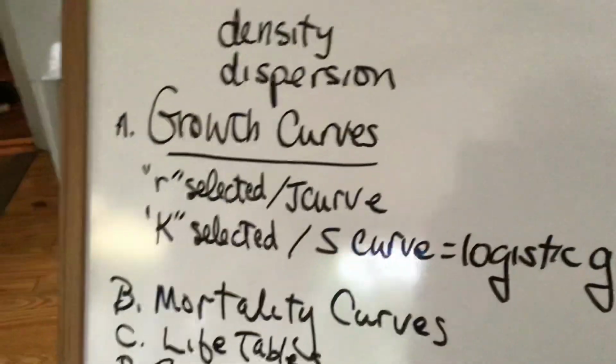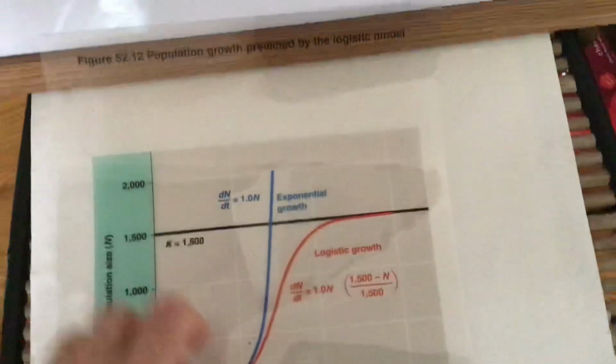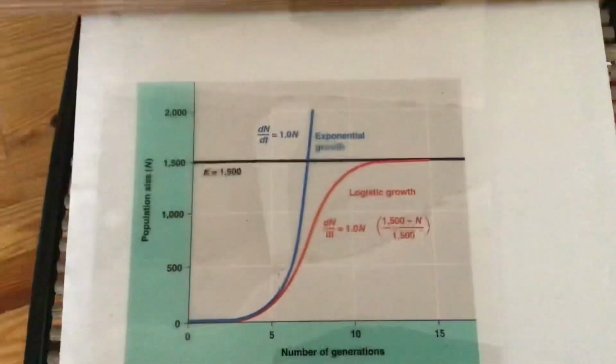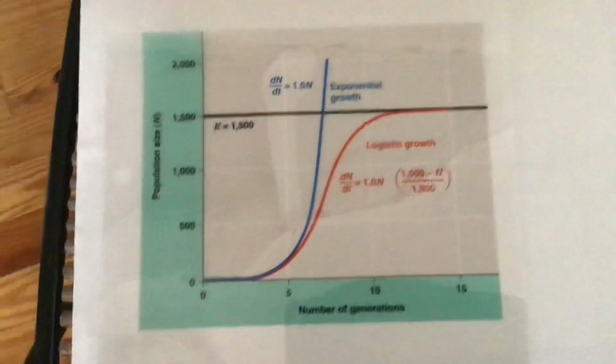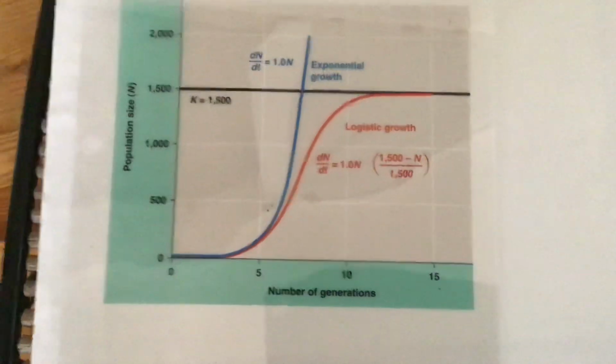The second type of growth curve is this type. This is called the S curve, or what we call K-selected or logistic growth. By the way, the K and the R just represent numbers that they use to figure the curve. They go through the whole math of that in the textbook, but we're not going to talk about that.